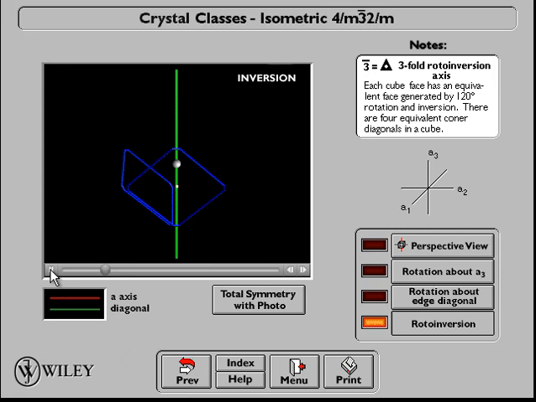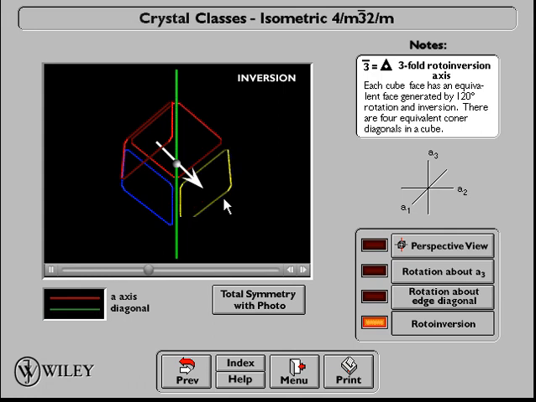We are starting with the 120 degree rotation, followed by an inversion through the center of symmetry. Then we are continuing with the 120 degree rotation, followed by the inversion through the center of symmetry.